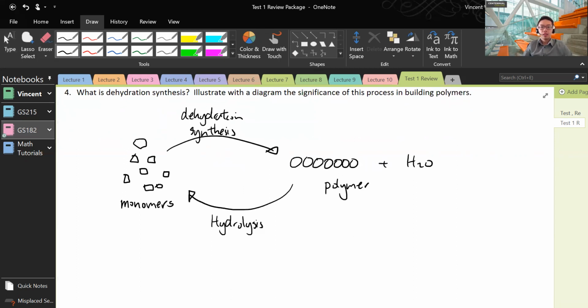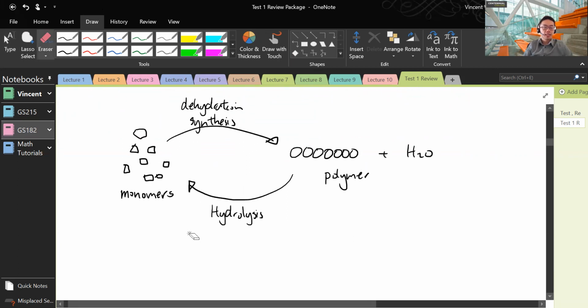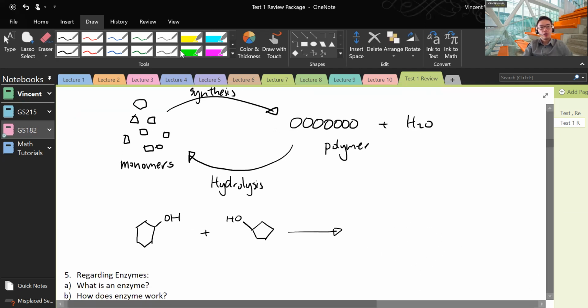Hydrolysis, and you would need an addition of a water molecule. Okay. So one of the questions that you saw before is something like this, right? If I have some kind of ring structure, all these corners are actually carbons, and then there's an OH here. If you combine it with another thing like that, and then I ask you, what does it become? Well, you take an OH from one and an H from the other, and in the end you will create a new bond, plus H2O.